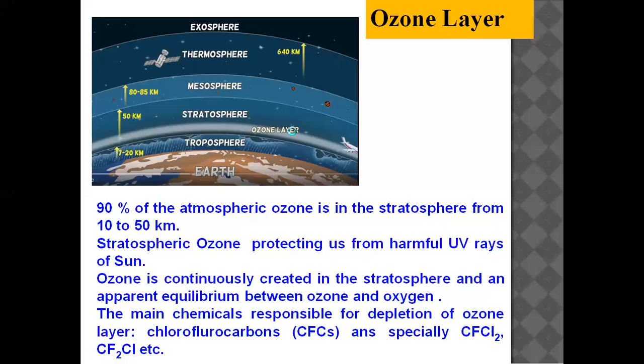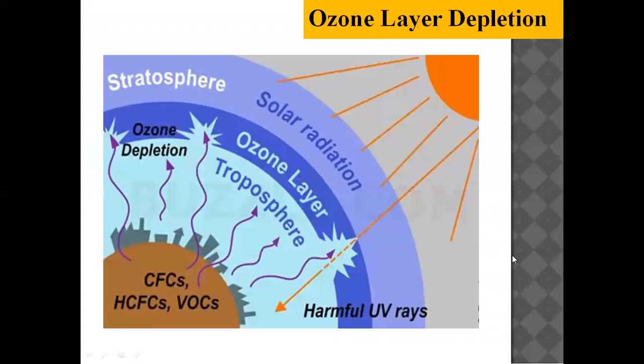So how is this depleting? Now, as I said, solar radiation is coming on the Earth's surface, and this ozone layer is actually protecting us from the harmful UV rays.